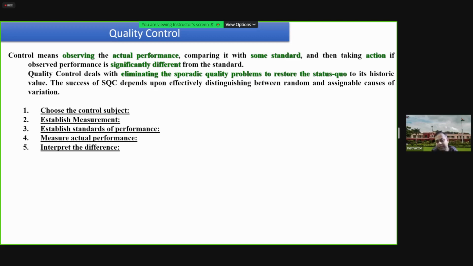And if there is a deviation, the last step in the control process is to take action on the difference. Taking action on the difference means we take certain remedial action to immediately control the sporadic problems that are generated.